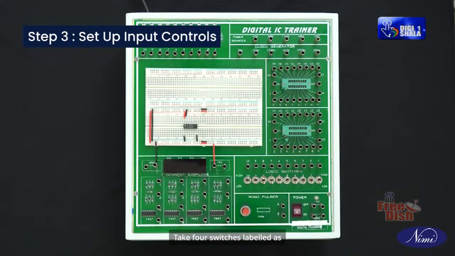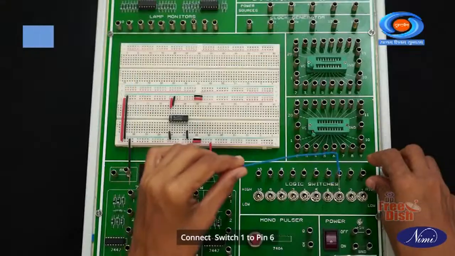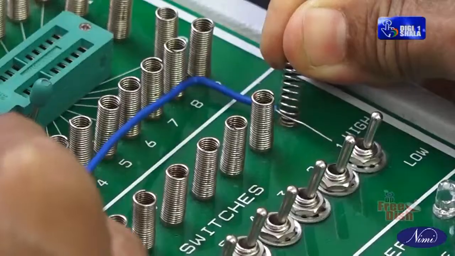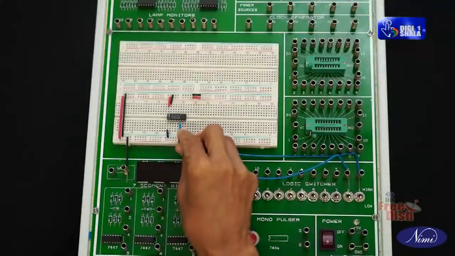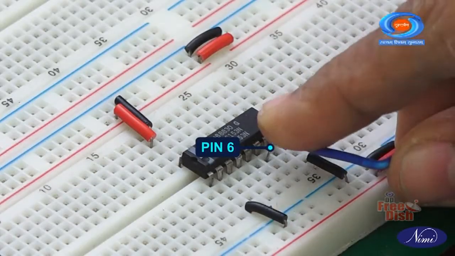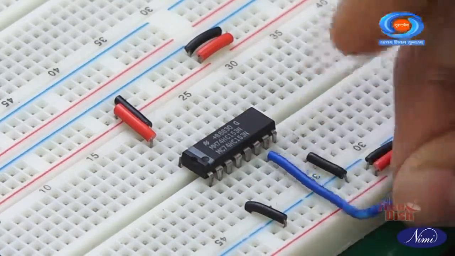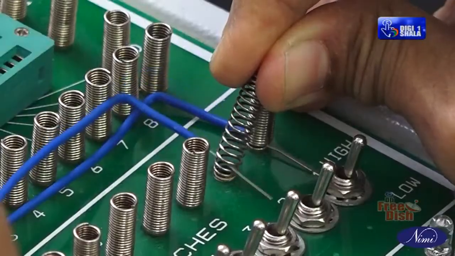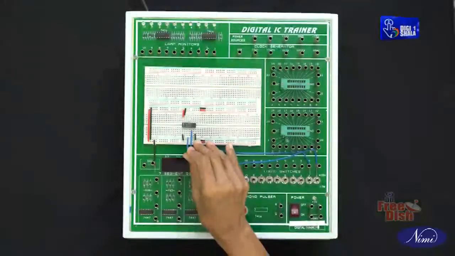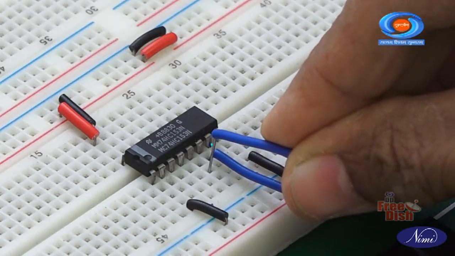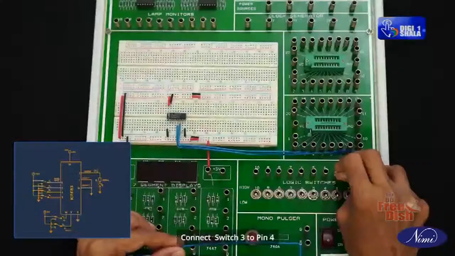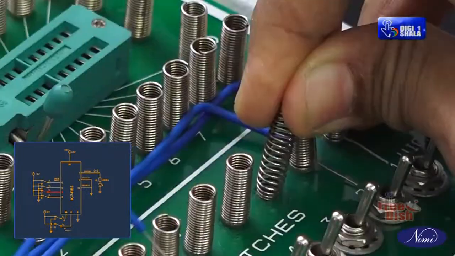Take 4 switches labeled as switches 1, 2, 3 and 4. Connect switch 1 to pin 6. Connect switch 2 to pin 5. Connect switch 3 to pin 4.